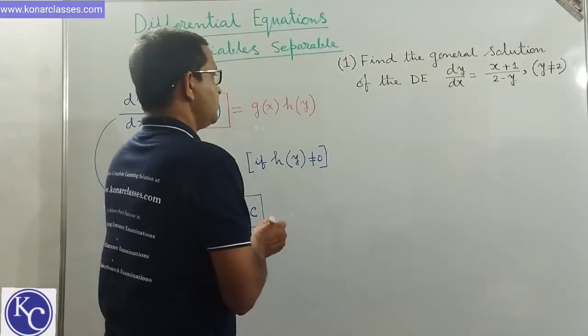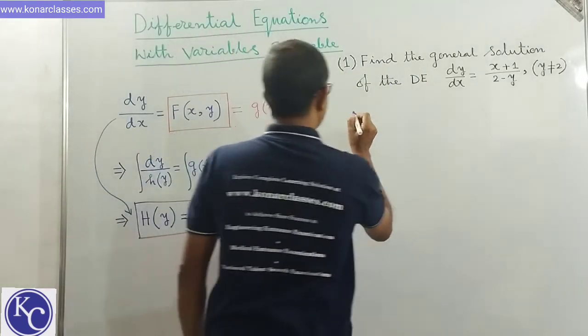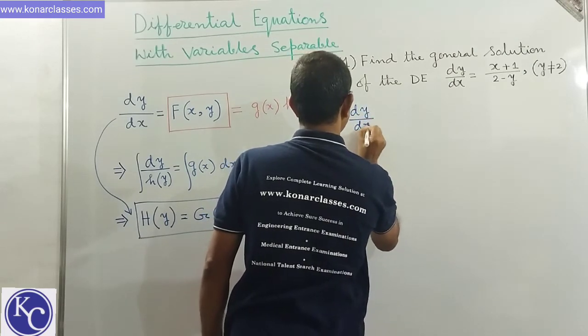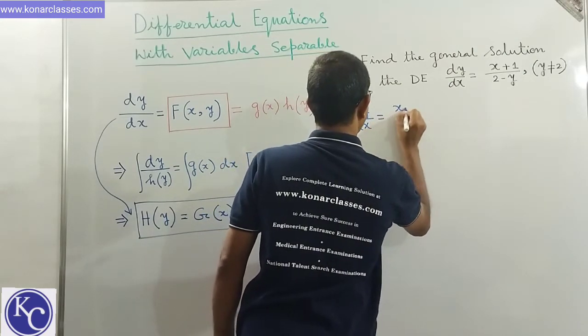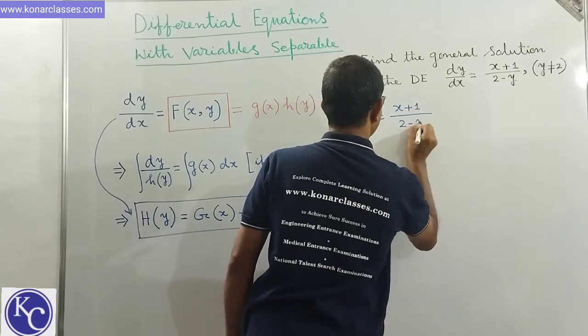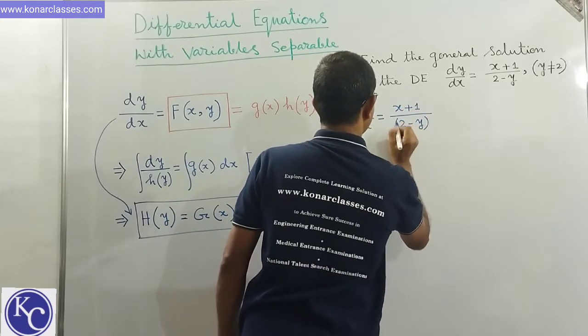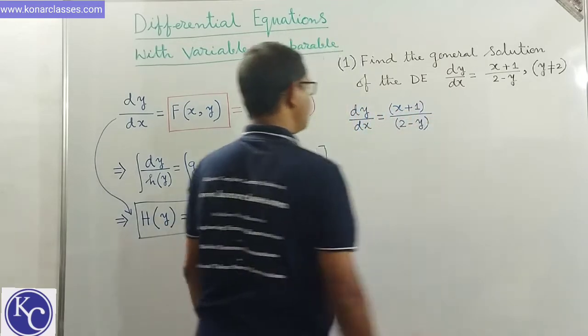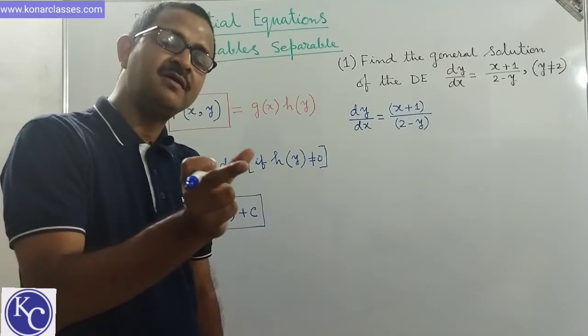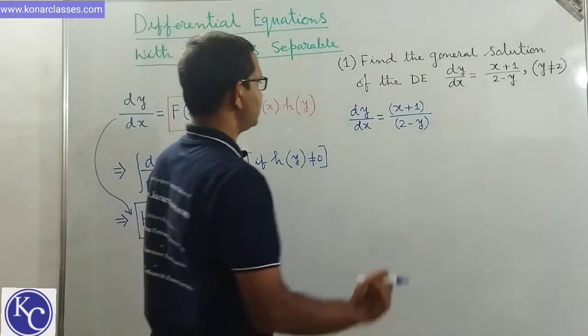So what is this dy/dx equal to? dy/dx = (x + 1)/(2 - y). Now dear students, this function (x + 1)/(2 - y) can be expressed as a product of two functions.